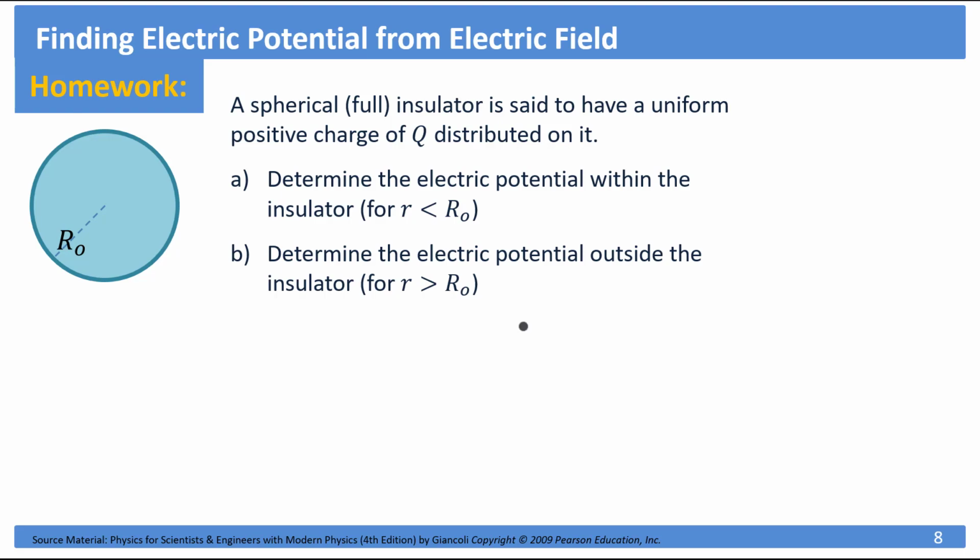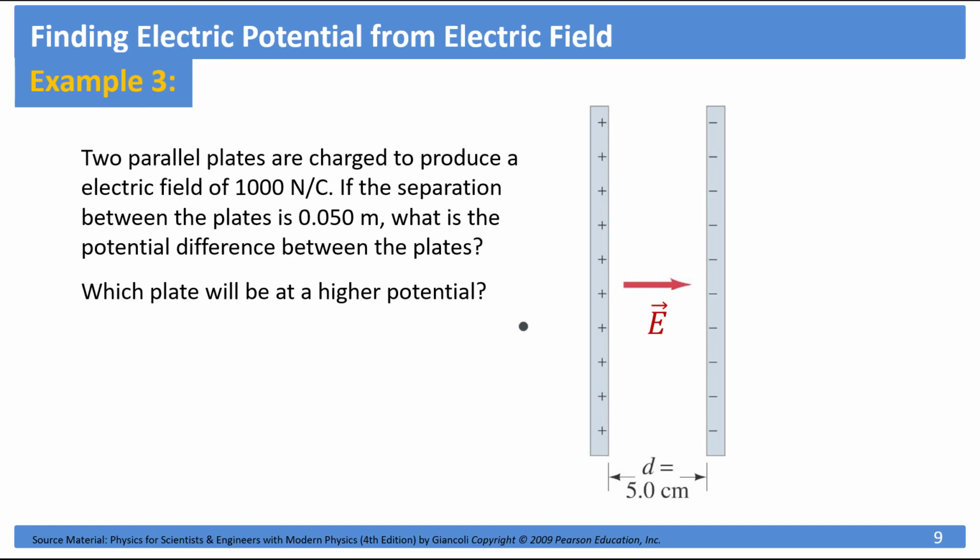Okay, now let's move on to our last example. Our last example deals with a parallel plate setup, and we know the electric field between two charged plates with charge density sigma and minus sigma to be from the positively charged plate to the negatively charged plate with a magnitude of sigma over epsilon 0.